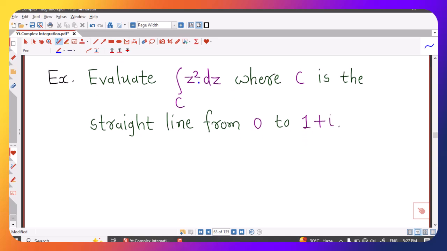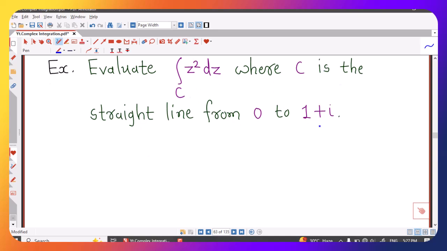Evaluate the integral of z square along contour C, where C is the straight line from 0 to 1 plus i. So here, suppose this is z equal to 0 and this much distance is 1. So this is 1 plus i, and C is the straight line between these two points.